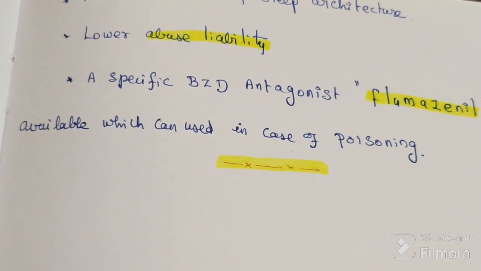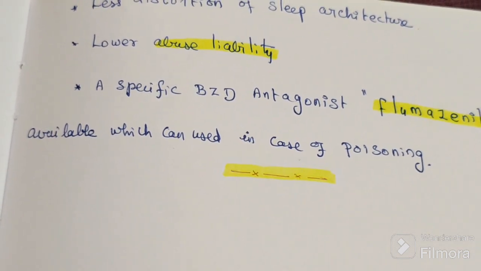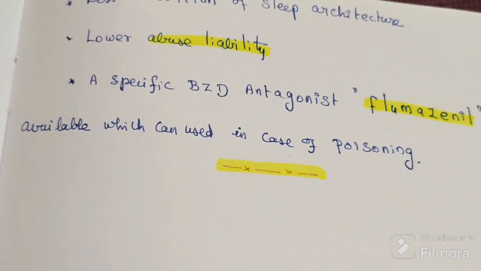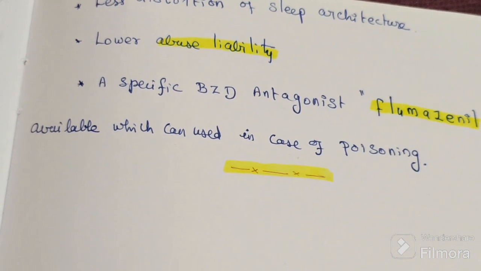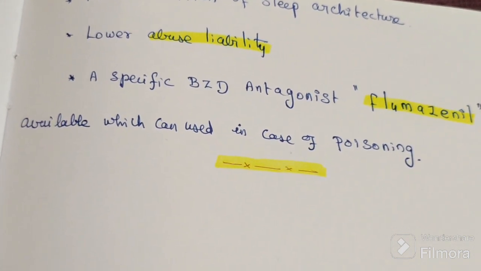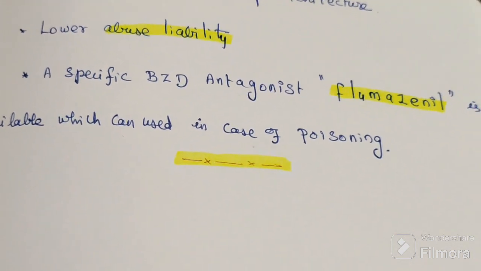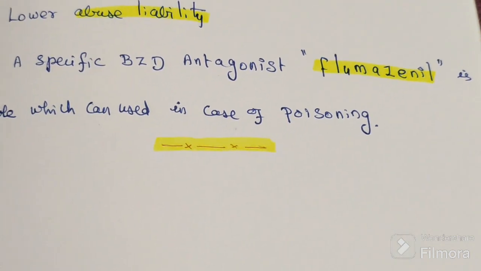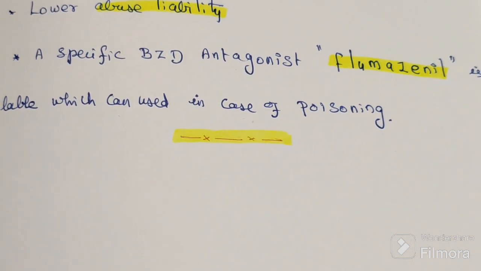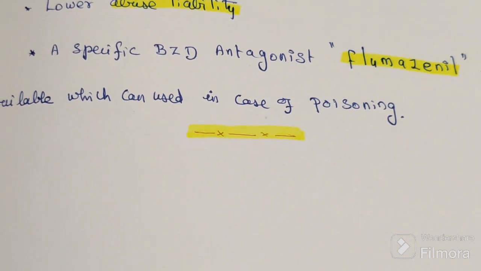If it shows benzodiazepine, the doctor will quickly give flumazenil, since the antidote is available. That is the advantage of having an antidote.